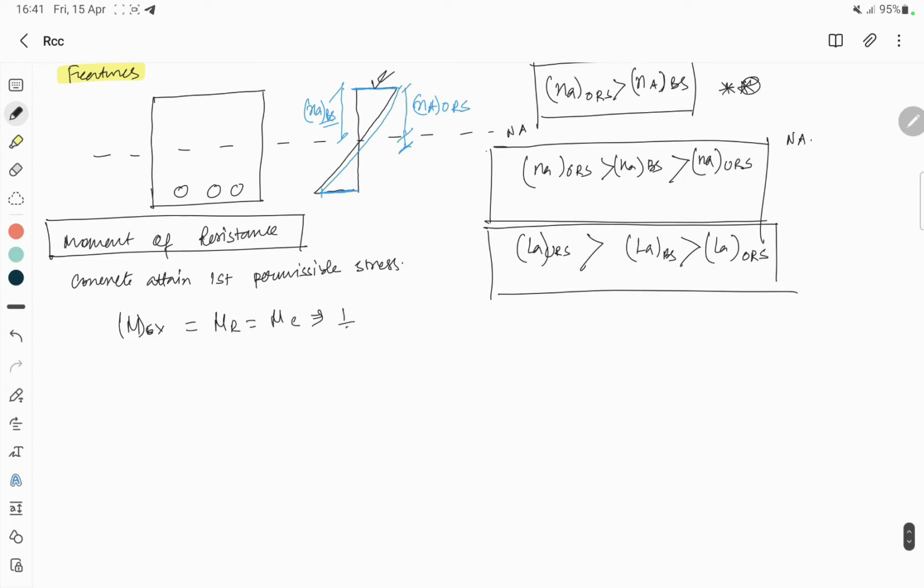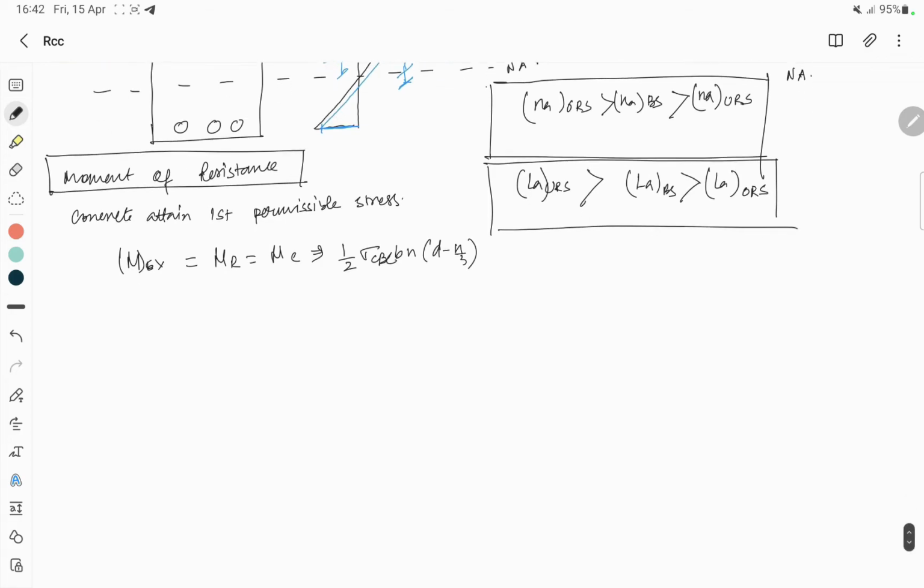That means it is equal to half sigma CBC B n into d minus n by 3, where sigma CBC is the permissible stress in concrete, B is breadth, n is the actual neutral axis, and d is the overall depth. Okay, this is the moment of resistance.